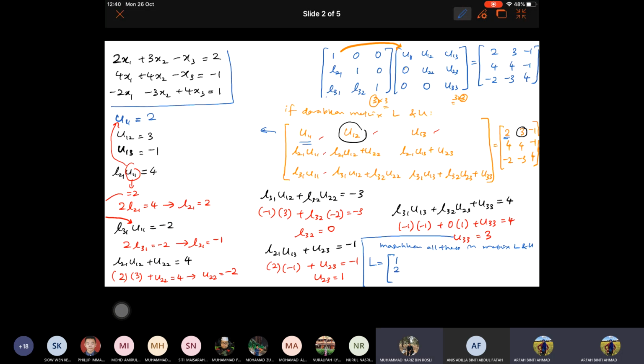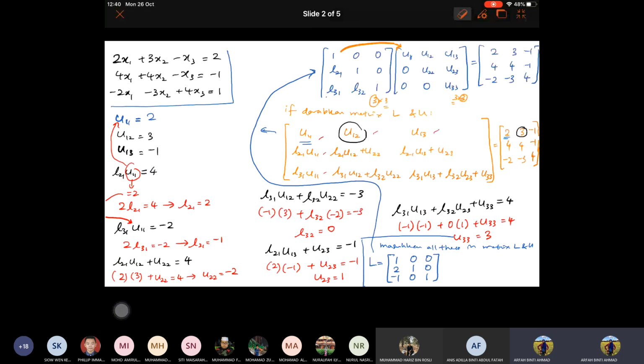Okey. L31 -1. Okey. Lepas tu 0 1 L32. L32 berapa? Kosong. 0. 0 0 1. Kan? Sebab ni matrix L awak. Matrix L yang atas ni.